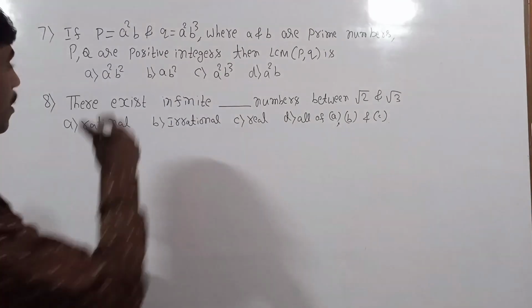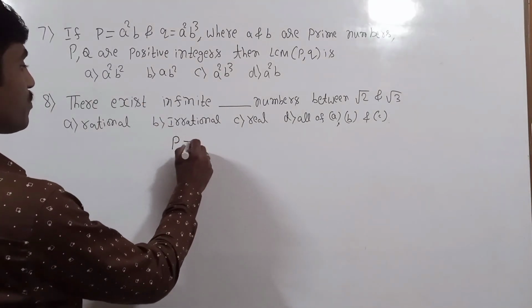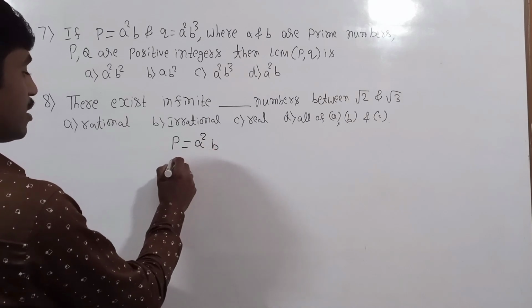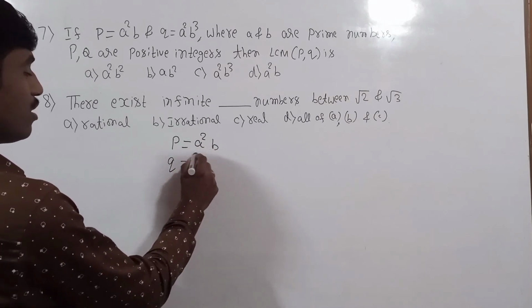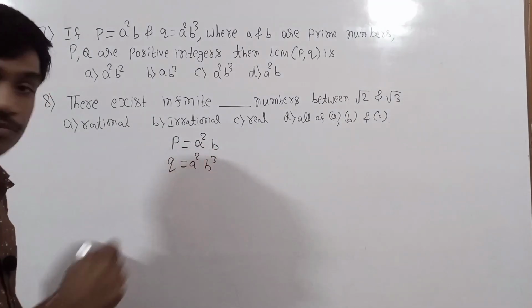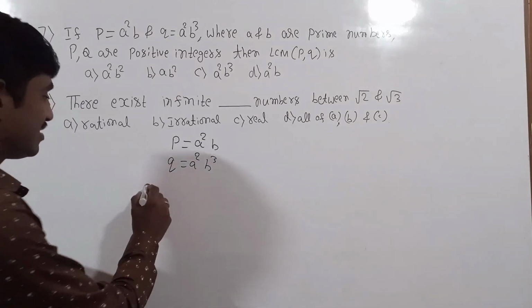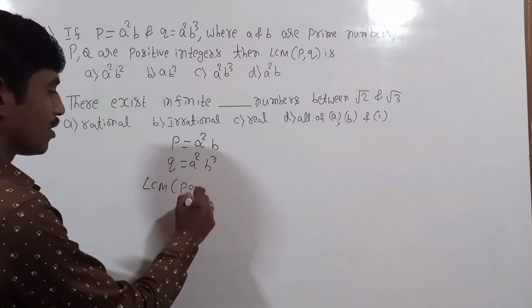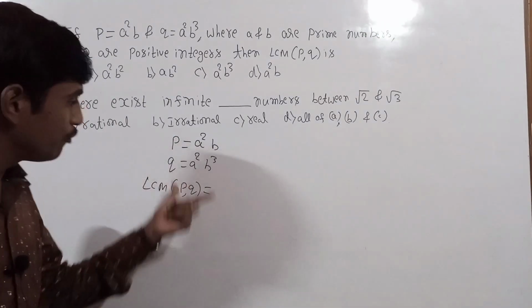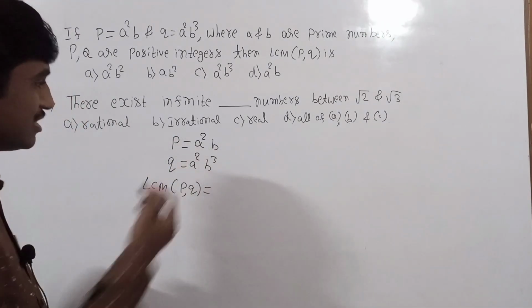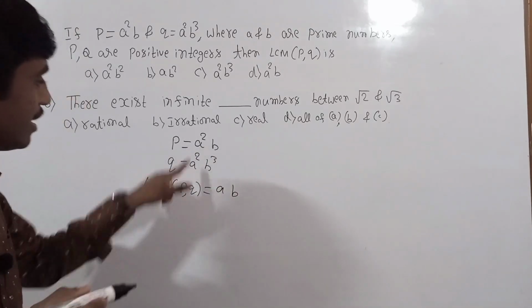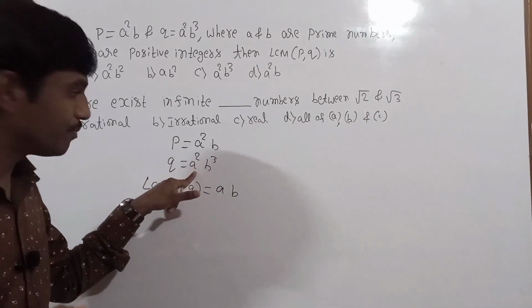That is, P is here a square b, and Q is a square b cube here. So here LCM of P and Q: we know we write all the terms, that is a and b are there, so we write both, and in that which is the highest power we will take.